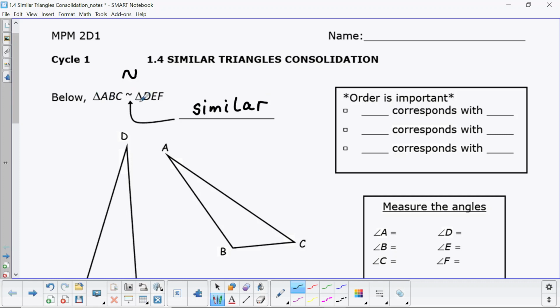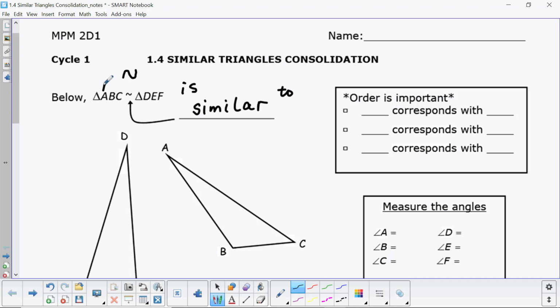And this is a sentence: triangle ABC is similar to triangle DEF. If we write two triangles are similar in this way, be careful, order is important.